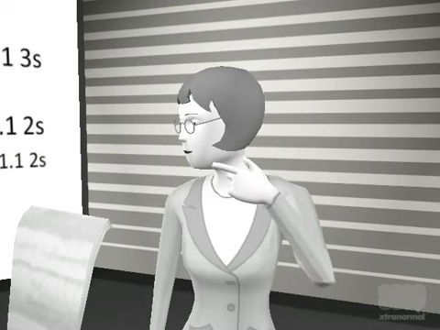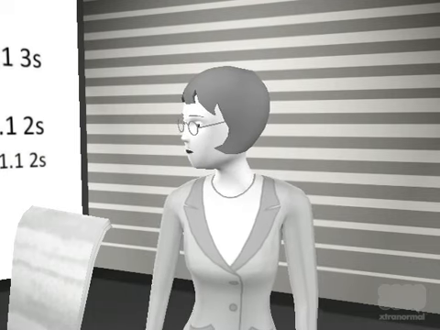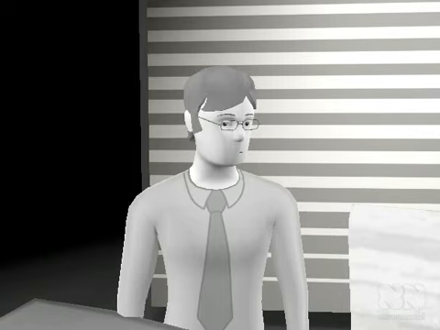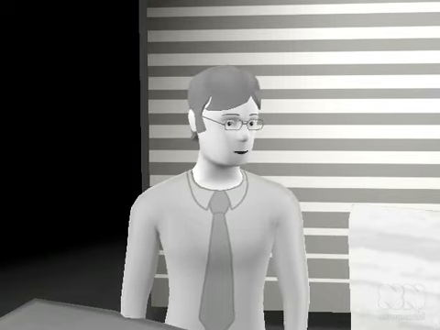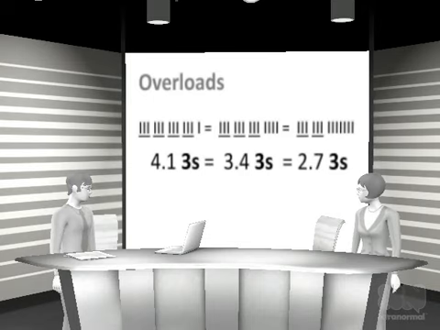But bundles of bundles, isn't that too abstract for preschool? It probably is. And there is no harm in overloads that leave some bundles unbundled. Thus we can leave a total of 4.1 3s as it is, or we can recount it as 3.4 3s, or as 2.7 3s, since 1 3s can always be changed to 3 1s, and opposite.